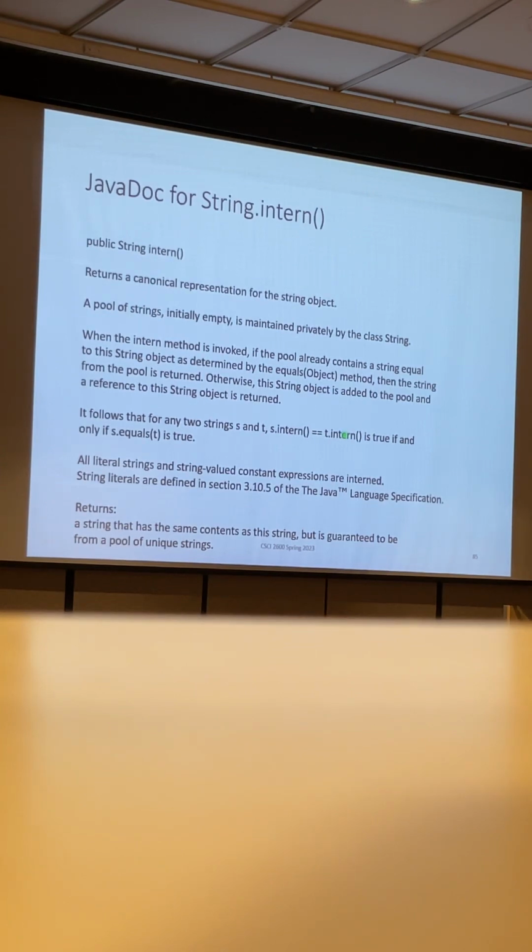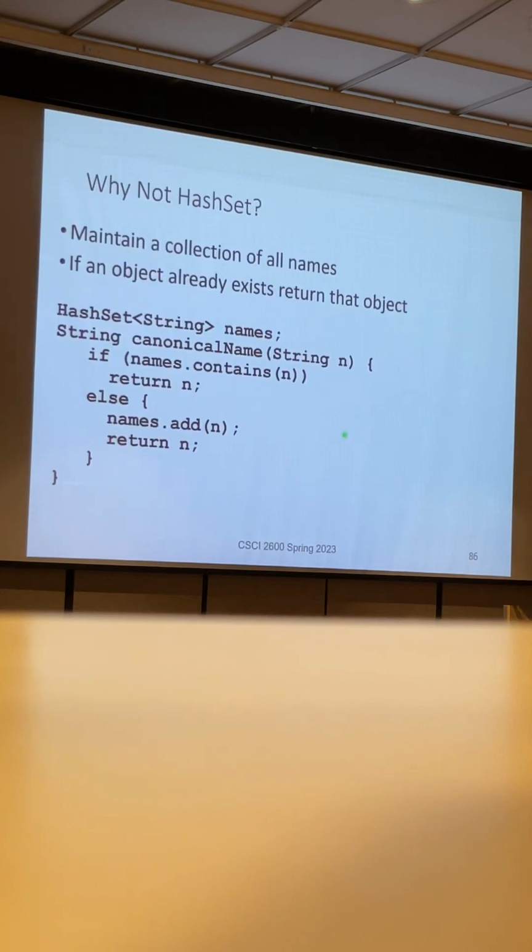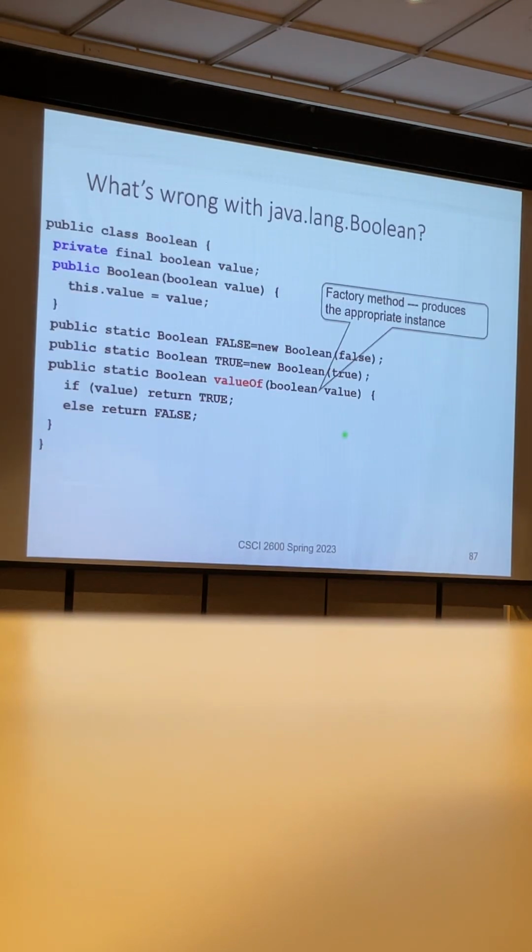so this is just the documentation for intern. So here is actually how Booleans are implemented in Java in the standard library. So it is interning, right? See how we have two objects that are created initially, true and false.